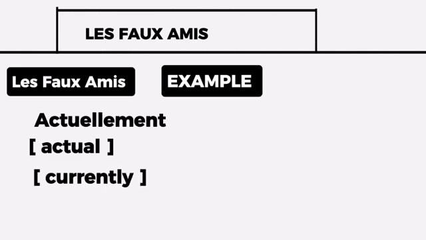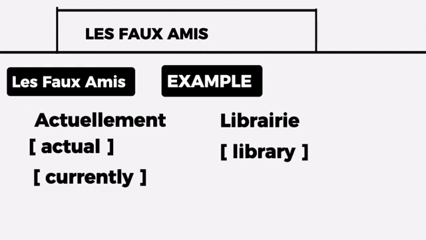Another very common example is "librairie." Librairie, which looks and sounds similar to the English word library, but this word means bookshop. So, when learning French, you must really take note of les faux amis, because when it happens to you, you would not be laughing when you see your grades.